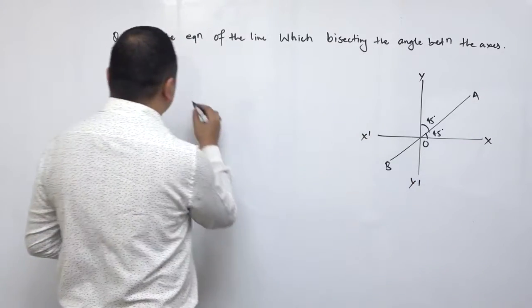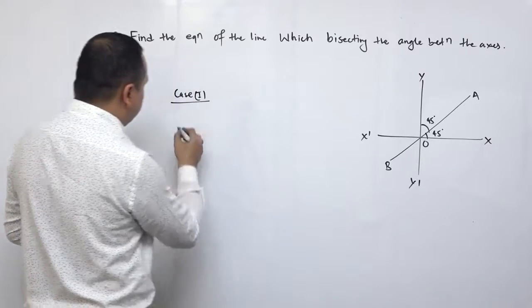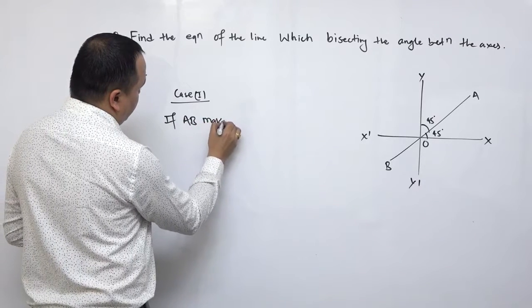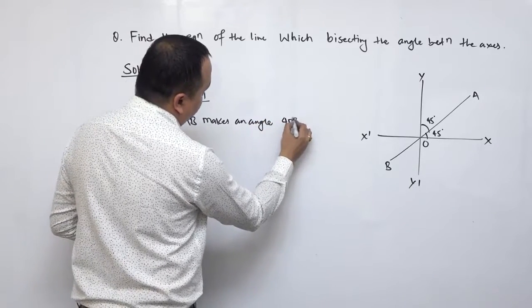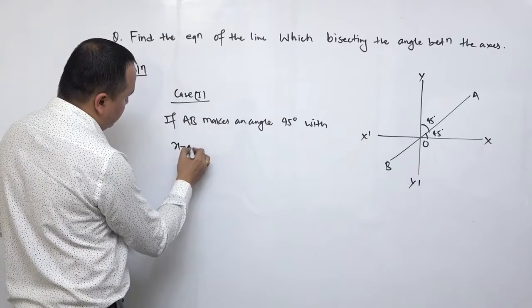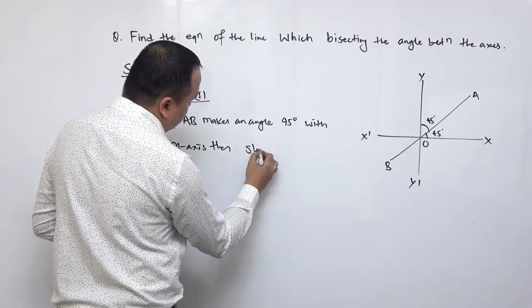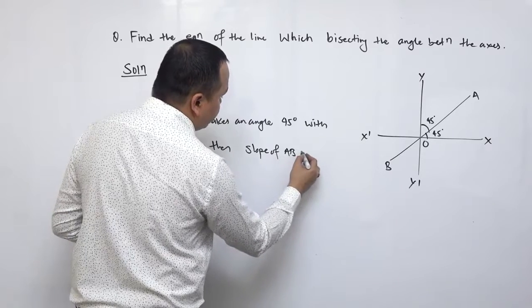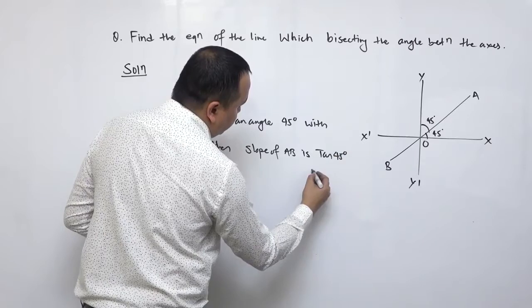Case 1. If AB makes an angle 45 degree with the x-axis, then the slope of AB is tan 45 degree.